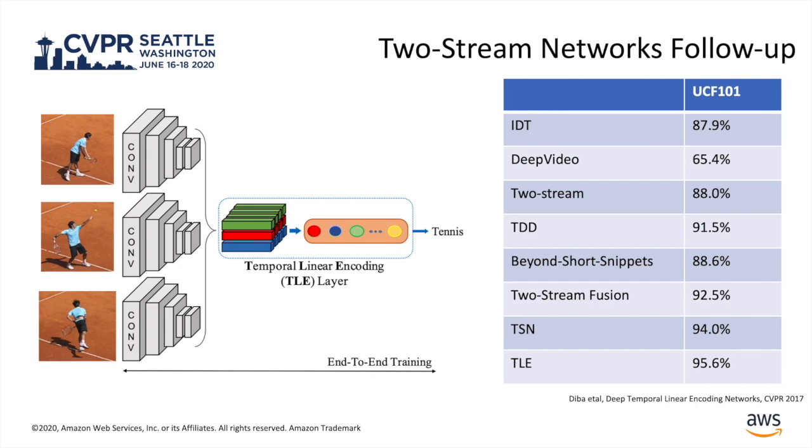So people started to look back and see if there are drawbacks of existing two-stream networks and how to address them. Ironically, one of the biggest problems of two-stream networks is the usage of optical flow. Pre-computing optical flow is computationally intensive and storage demanding, which is not friendly for large-scale training or real-time deployment.